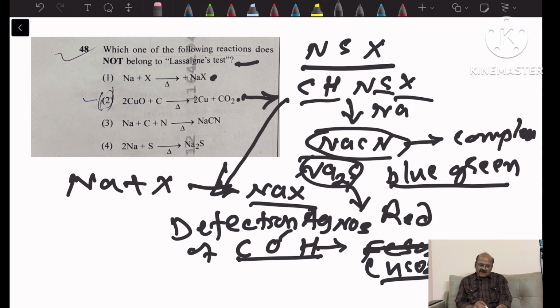So this is not a Lassaigne test. This is the test for detection of carbon and hydrogen. But answer 1 is a Lassaigne test, answer 3 is a Lassaigne test, and answer 4 is also a Lassaigne test. But the second answer is not concerned with the Lassaigne test.